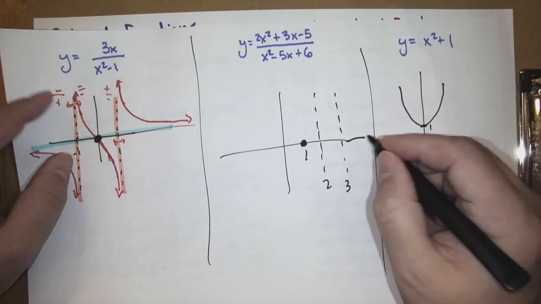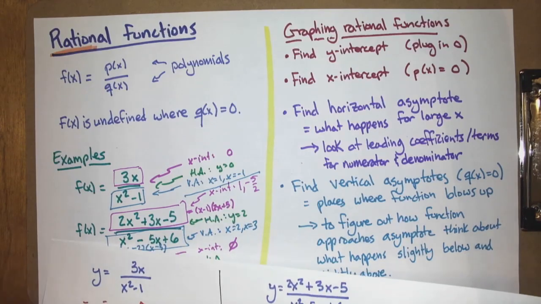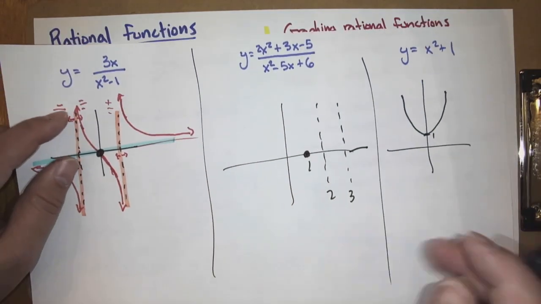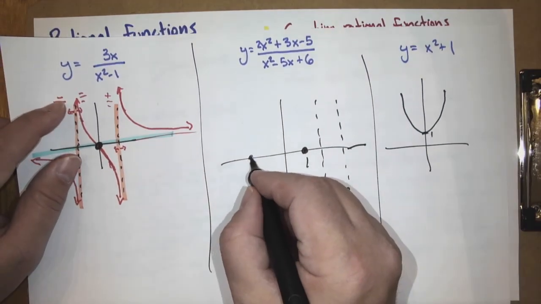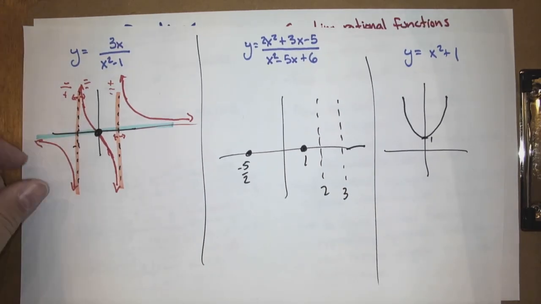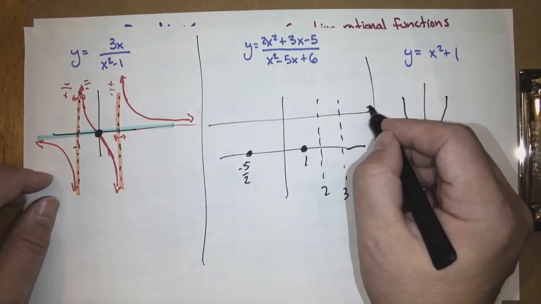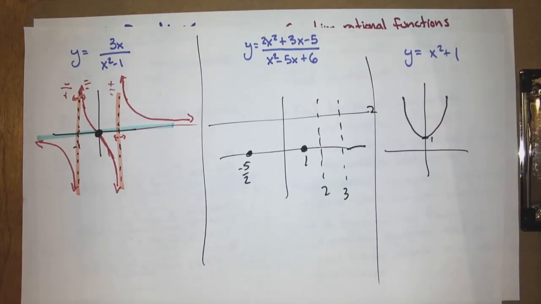Here's 3. What else do we have? We have negative 5 halves. We cross. And we have a horizontal asymptote at 2.